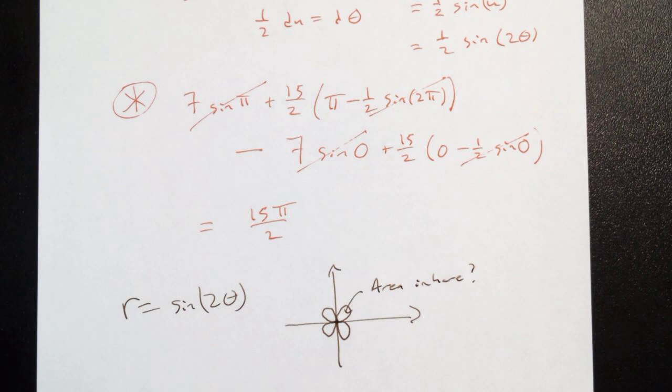But this is clearly not just a rectangle because its outer boundary, I think of the fan, right? The fan should start at the origin and go out until we hit the curve. That's not just a number.